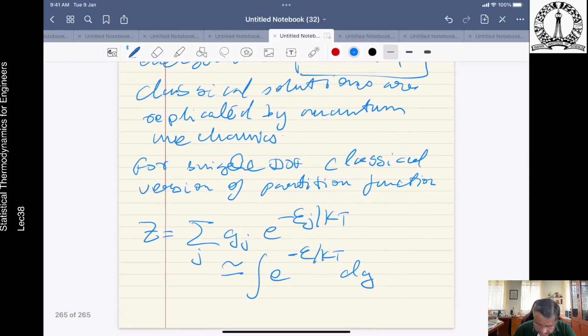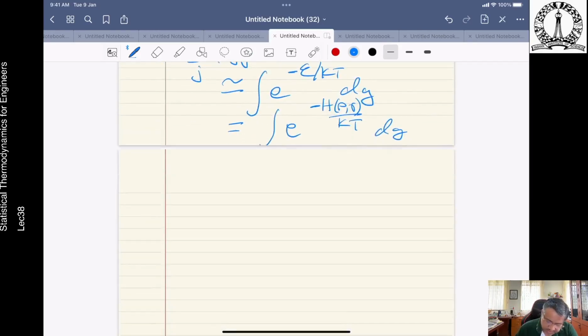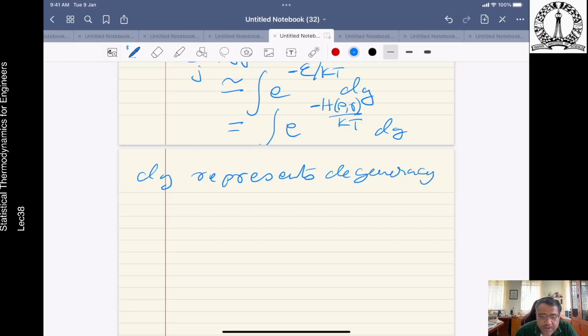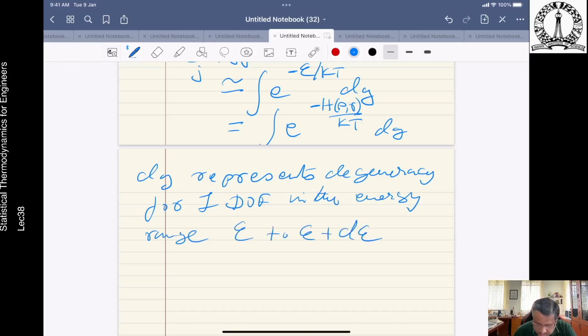Or in other words, this is equal to exponential minus H(p, r) by kT. Here dg represents the degeneracy for 1 DOF in the energy range E to E plus dE.